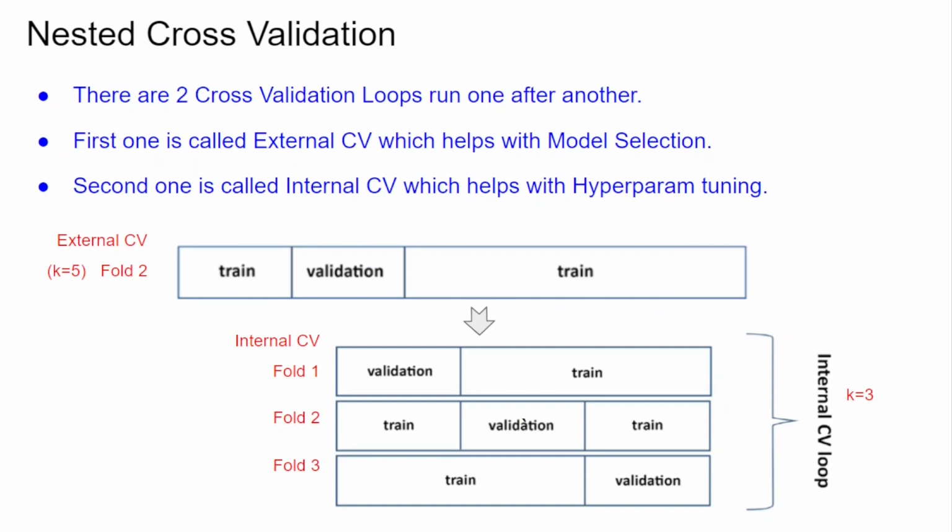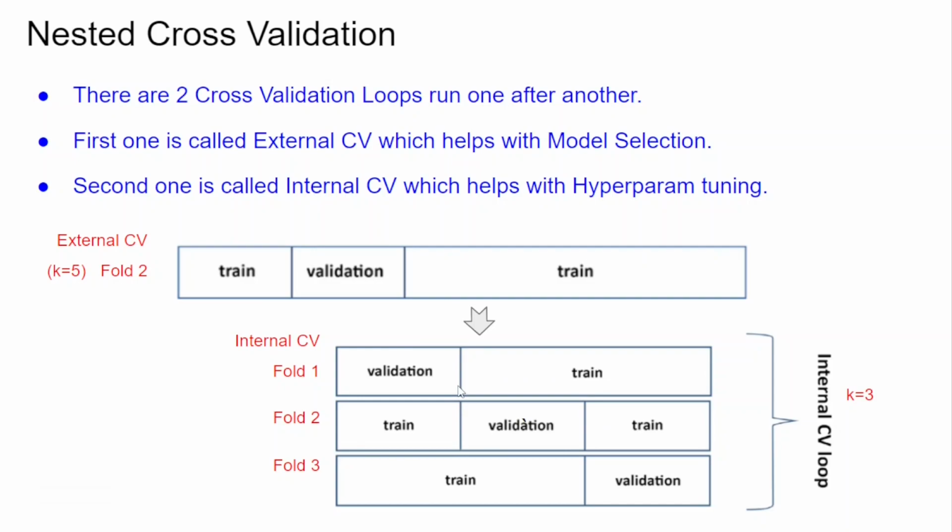Cross-validation fold 2 comes in. Here, the second fold is used for validation and the rest of it is training. But the moment this is set up, internal CV is also run. So what that means is I'm now getting multiple measures, one measure out of this, one measure out of this. That is the key thing to observe.